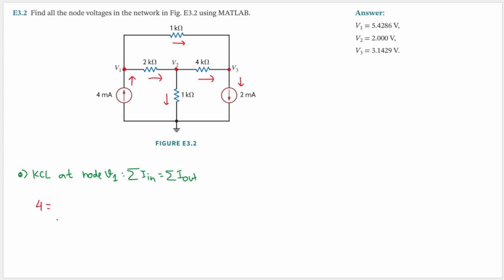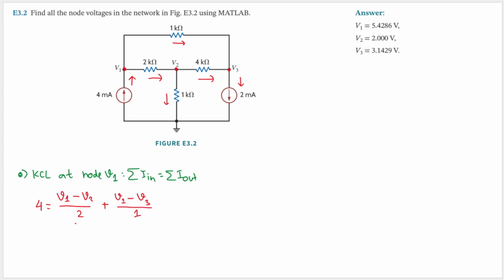Then we have the currents that go out, which is this one, so we will have V1 minus V2 divided by 2. Plus this current also going out, so we'll have V1 minus V3 divided by 1.